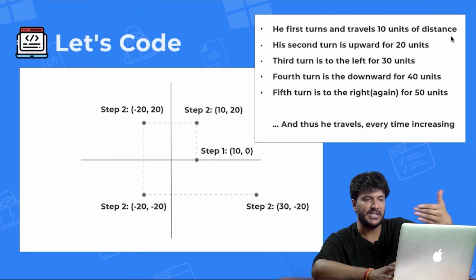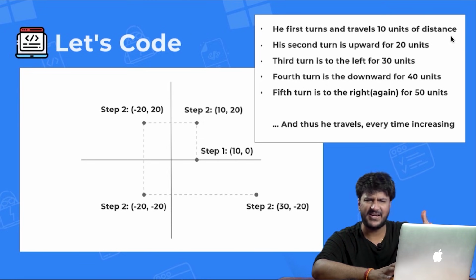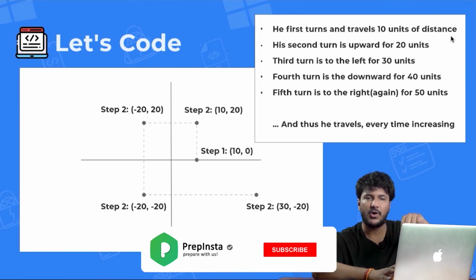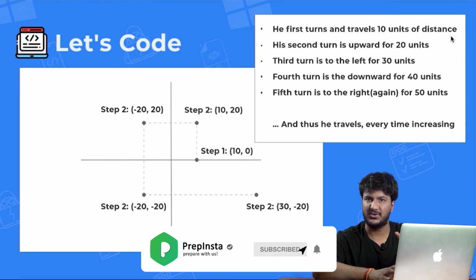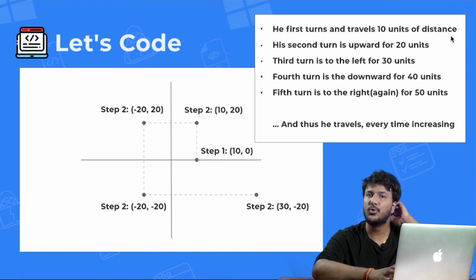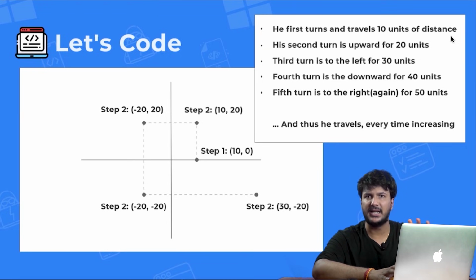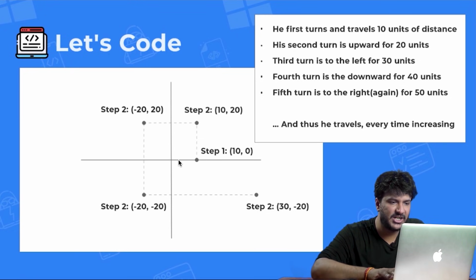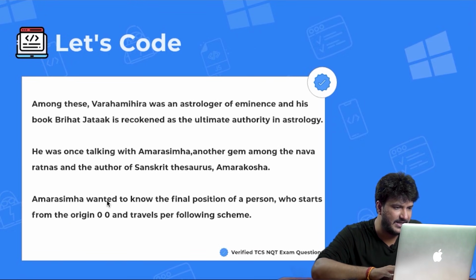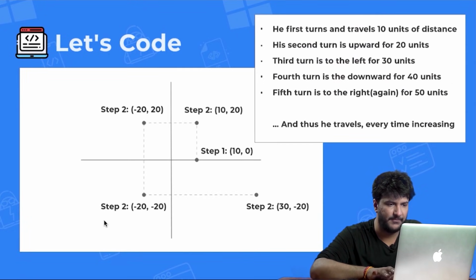Okay. So first of all, we need to manually make the diagram for like 5-6 steps, and then we will understand some coding logic for what we need to add in the x and y position. So obviously we will have two variables called x and y, and based upon some cases we'll be incrementing and decrementing those x and y values, right? So he starts from the origin 0, 0. So with step number 1, they start from 0, 0.